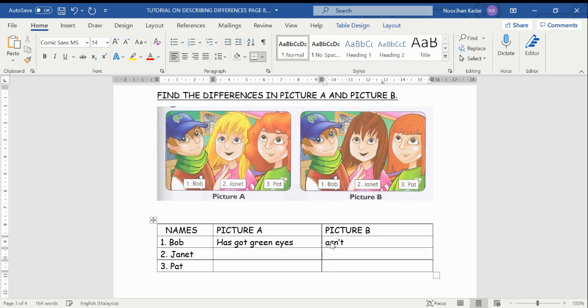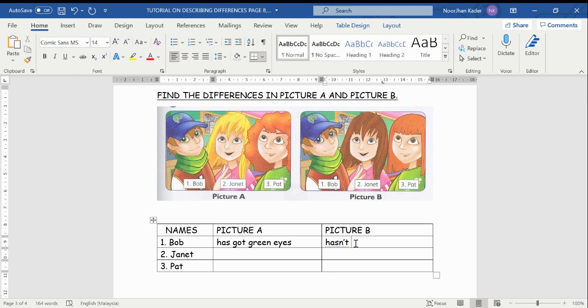We spot and we describe the differences. To describe the differences, we have to use positive and negative statements. Because we are comparing two pictures, we use hasn't. It is not really a negative statement, but it refutes the statement that Bob has got green eyes in picture B, because we are comparing picture A to picture B, and picture B is the correct picture.